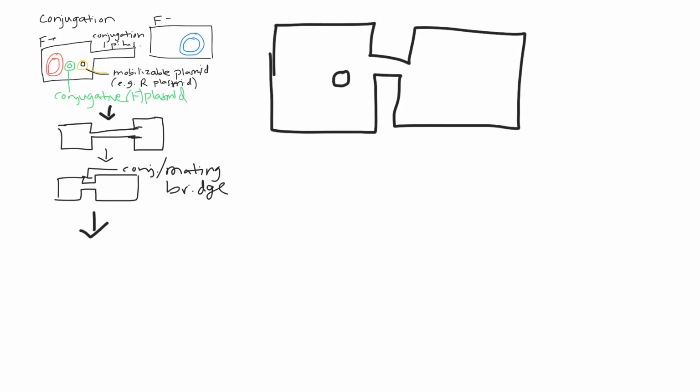And then this time, part of this mobilizable plasmid is going to get nicked, and then one strand will get transferred into the other bacterium. Both of them still have their genome. And this one also has the F plasmid still.